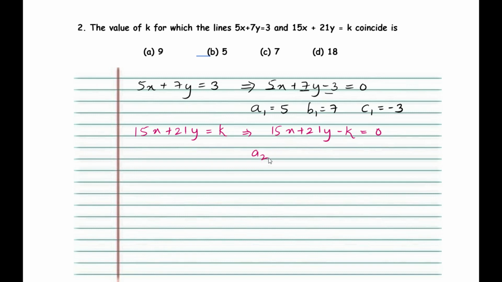A2 is 15, B2 is 21, and C2 is minus k. Now they have given the condition that the two lines represented by the equations coincide.